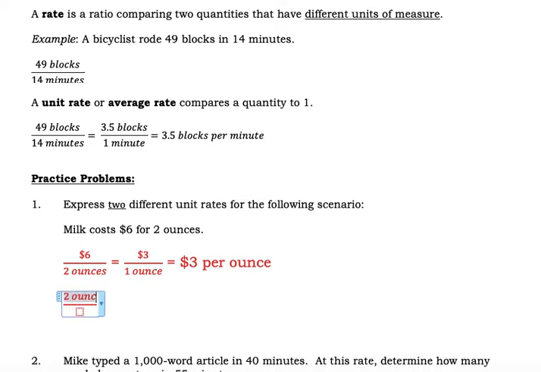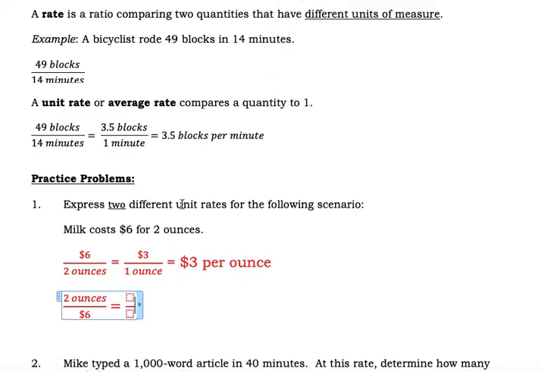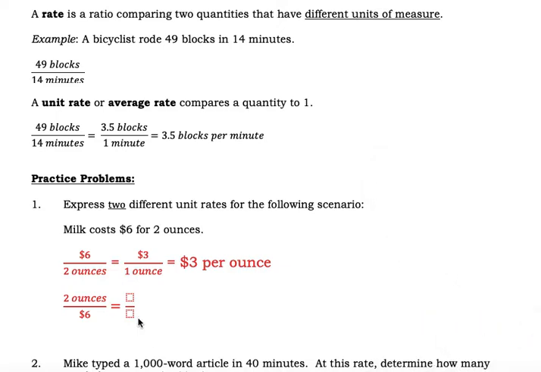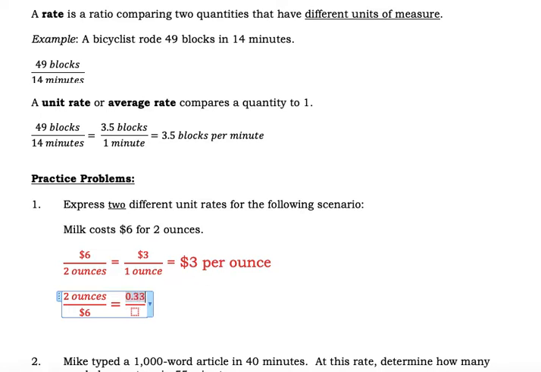So if I divide 2 ounces by $6, using your calculator, if you divide 2 by 6, that's approximately 0.33. 0.33 is the same as 0.33 over 1. Again, you want to make sure you keep the units consistent. At the bottom, I had dollars. At the top, I had ounces. So this is telling me 0.33 ounce per dollar.